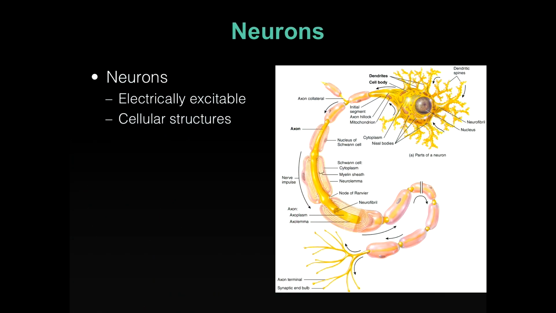Of course, the basic unit of the nervous system, nerves. Neurons, not nerves. Neurons bundled together make nerves. Like muscle, they're excitable. And it's that fundamental principle that allows them to generate and propagate signals.